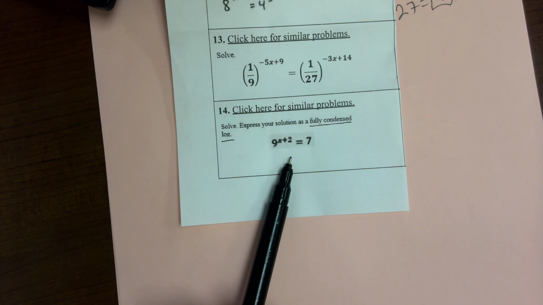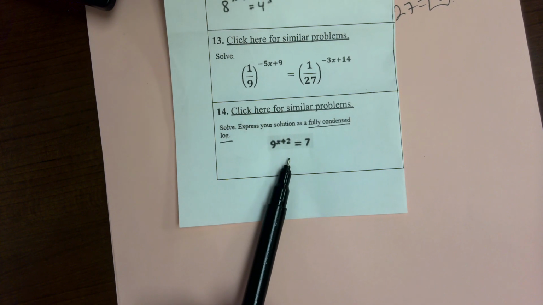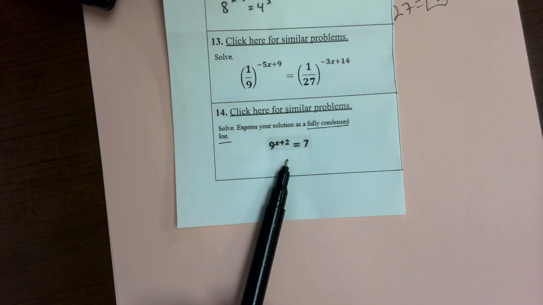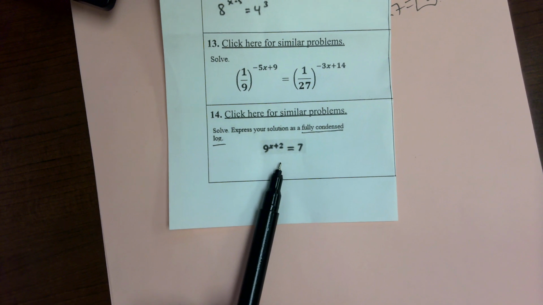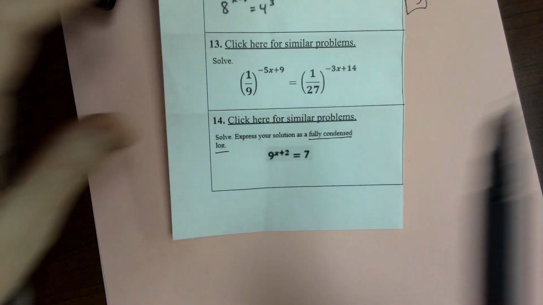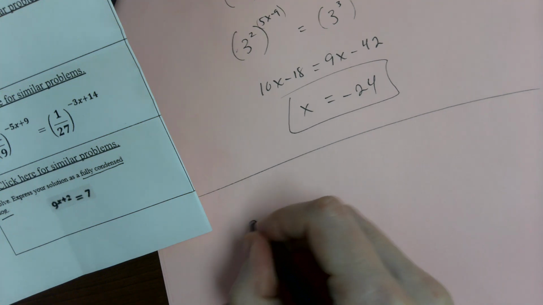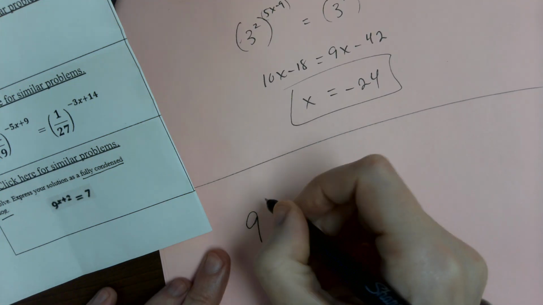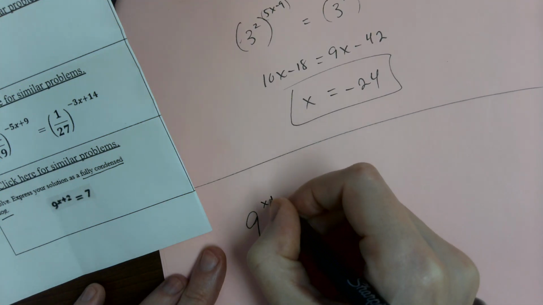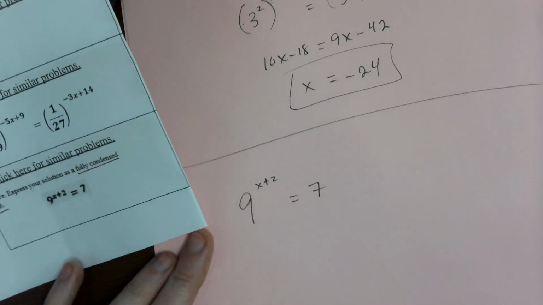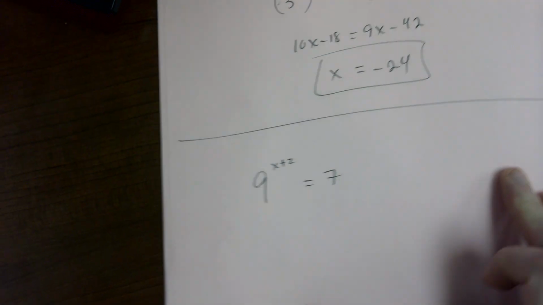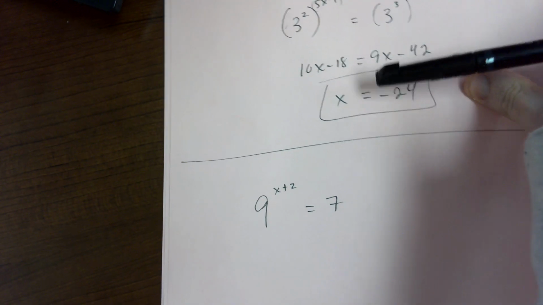So I cannot do the same thing I did for 12 and 13 and get like bases because I've got a base of 9 and a base of 7, so that's not going to work. So if that happens, so we've got 9 to the x plus 2 equals 7. Okay, so if you can't get like bases, you've got to use a log.